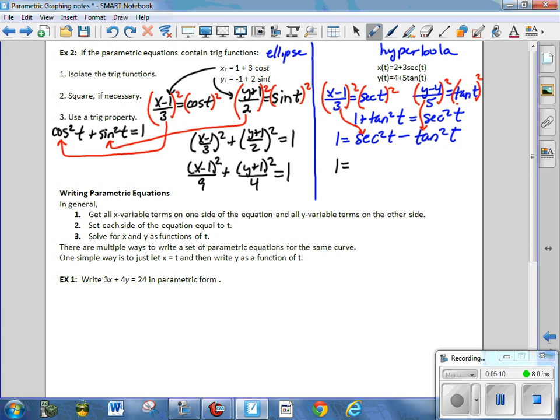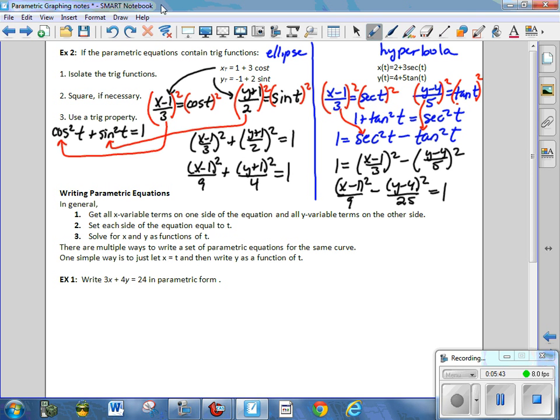So 1 is equal to (x minus 1 over 3) squared minus (y minus 4 over 5) squared, and that gives me, if I put the 1 on the other side and made it look more familiar, (x minus 1) squared over 9 minus (y minus 4) squared over 25 equals 1.